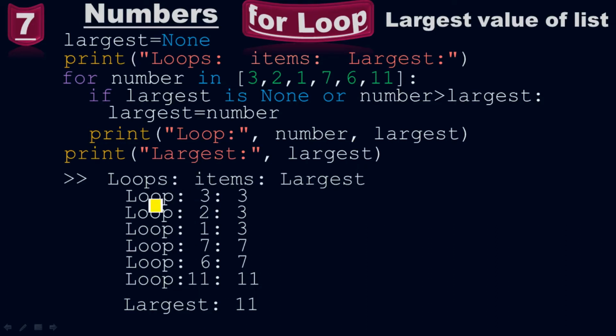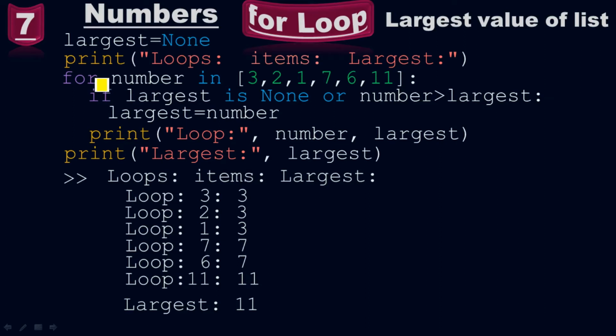When you look at the output, this first line is because of this print function. We have print of loops, colon, items, colon, largest, colon. Look at here, initially we set largest equals to none. It is not known, largest value is not known. And then print of loops, colon, items, colon, largest, colon.